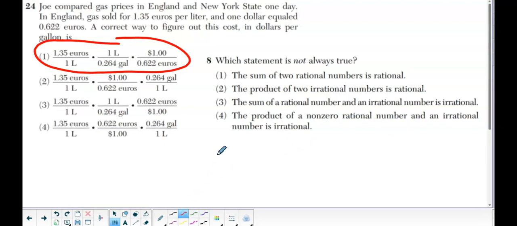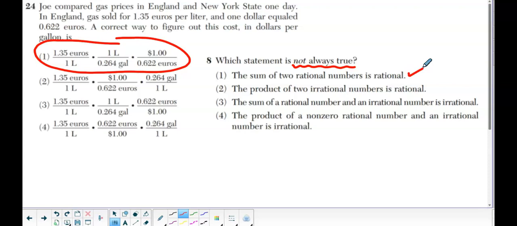If you don't know the rules about which sets of numbers are closed under addition, subtraction, etc., then you just have to find a counterexample, right? Which statement is not always true? So you'd have to come up with an example where when you're adding two rational numbers, it wouldn't be rational. And that is true. Rational numbers are closed under addition. So anytime you add two rationals, you can only ever get a rational.